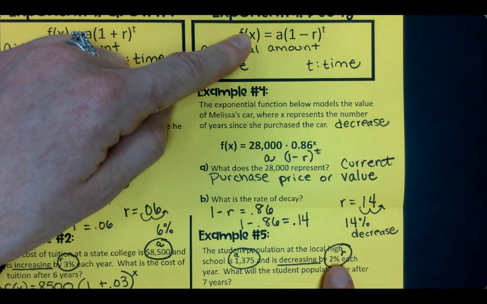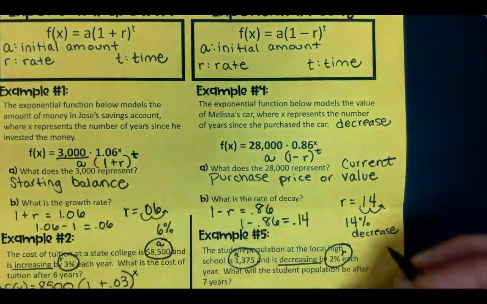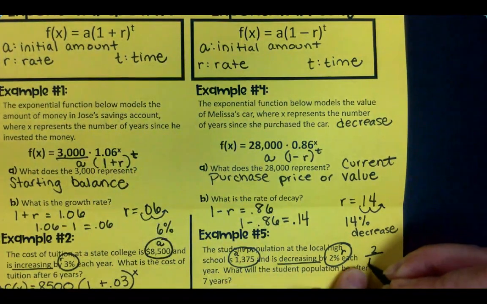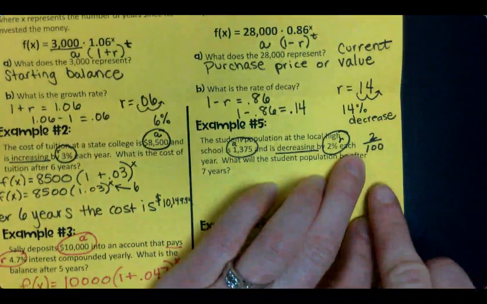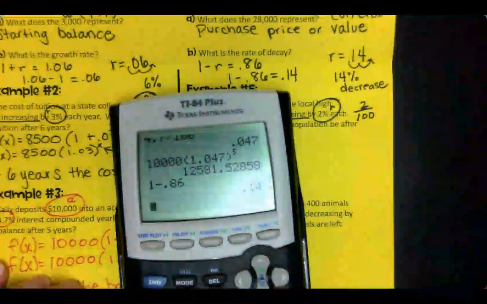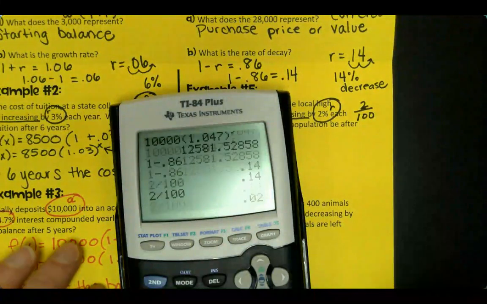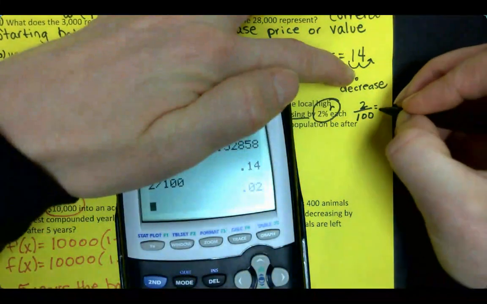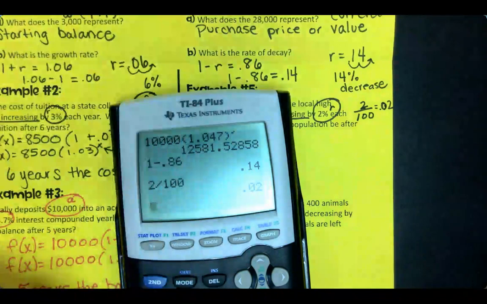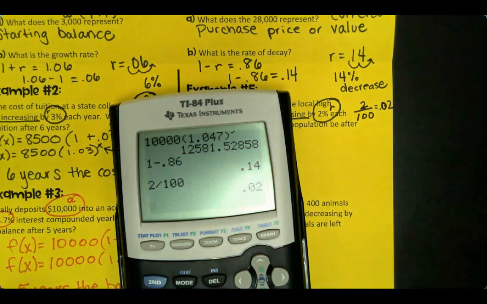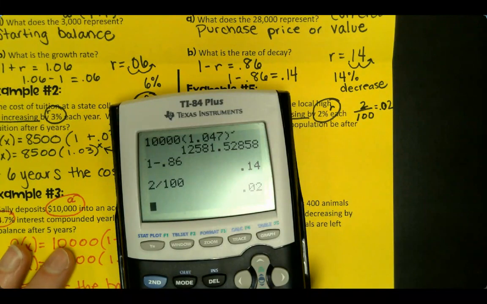The rate is 2%, but we need to put it out of 100 because we want it as a decimal. So 2 out of 100 equals 0.02. Since we have that keyword decreasing, we're going to do 1 minus 0.02, not adding.